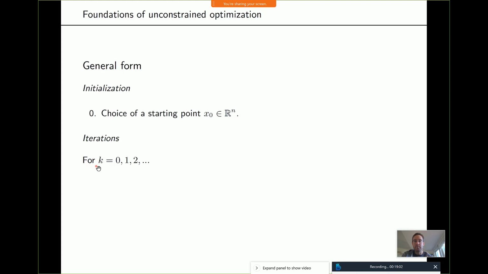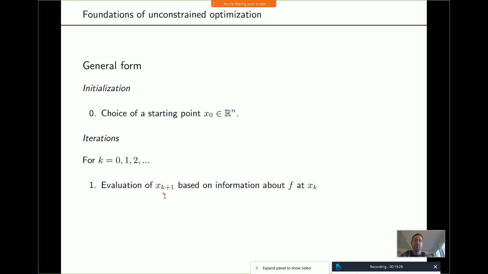Now, the iterations are numbered, and there's this iteration counter, where I take the variable or the letter k. Based on this letter k, there are what is referred to as iterants.